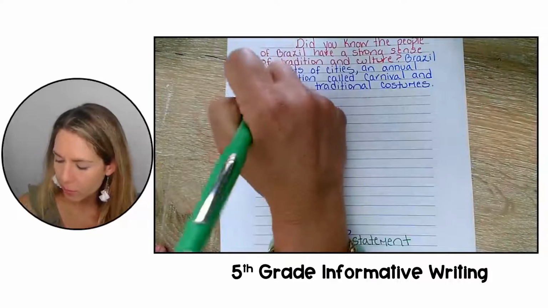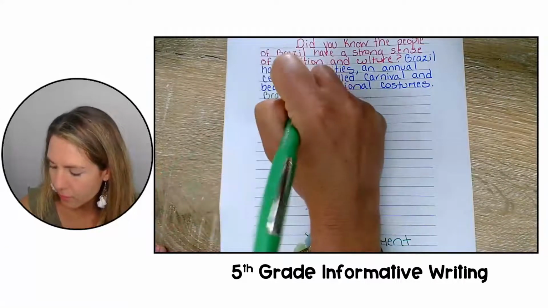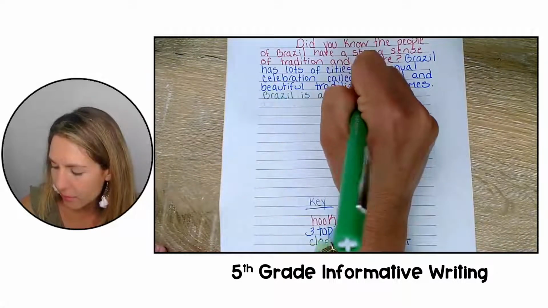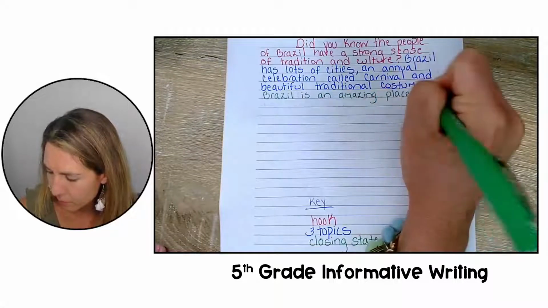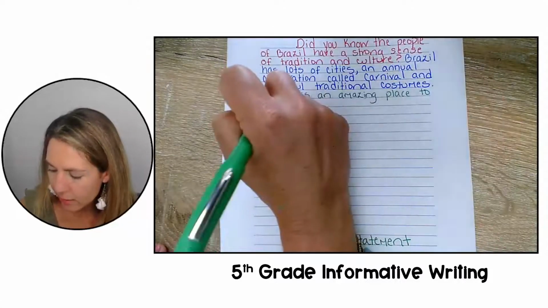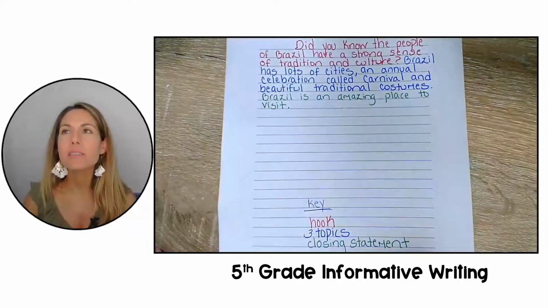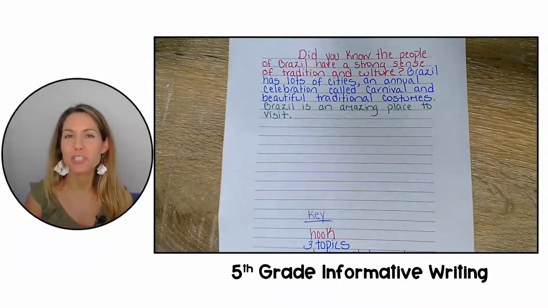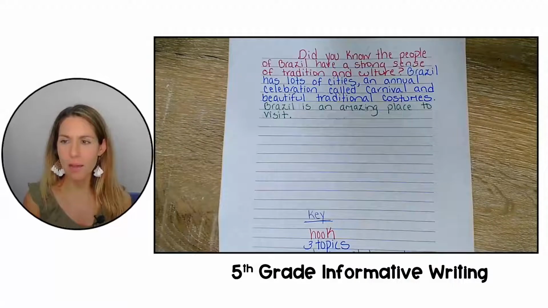How about, Brazil is an amazing place to visit. Or I could say, Brazil is an amazing place to learn about. Brazil has so much fascinating information about it. Okay? Just a general sentence about my main topic.